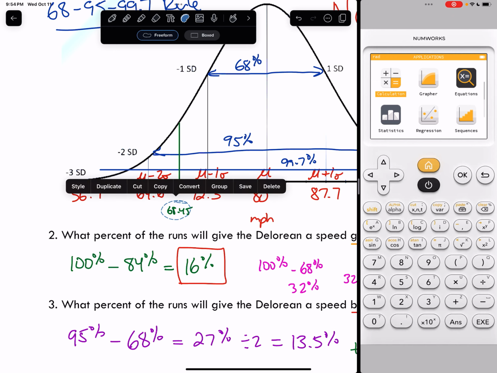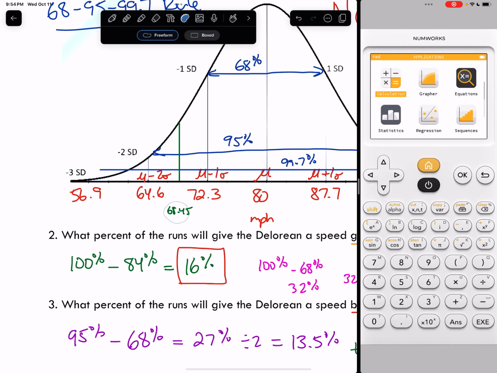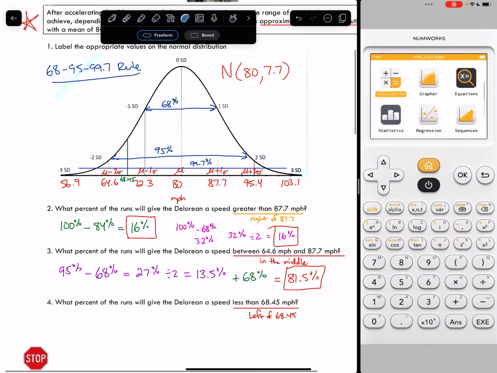And so how do we find that? Like, we don't know exactly where that's at, because I don't have a good estimate here. So one of the things we can think about is, okay, well, it looks like it's about halfway between -2 and -1 standard deviations.